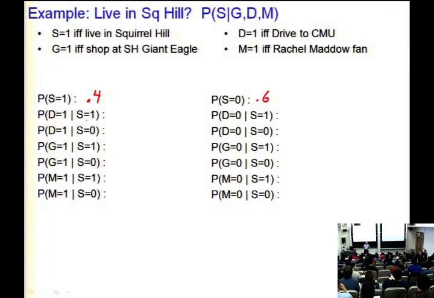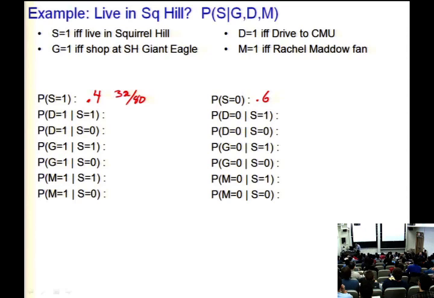Please raise again your hand if you live in Squirrel Hill and you are a training example. Okay, 32 out of 80. I was pretty close to 0.4, wasn't I?